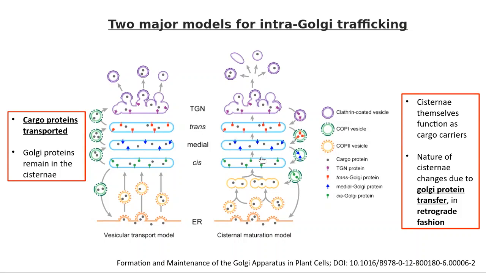Rather, what happens is that the trans Golgi network releases these clathrin coated vesicles back, which get fused back to the trans Golgi network or trans Golgi, and take all the enzymes. And then from here, through the COP1 coated vesicles, the enzymes are taken here. And from here, the enzymes are taken here.